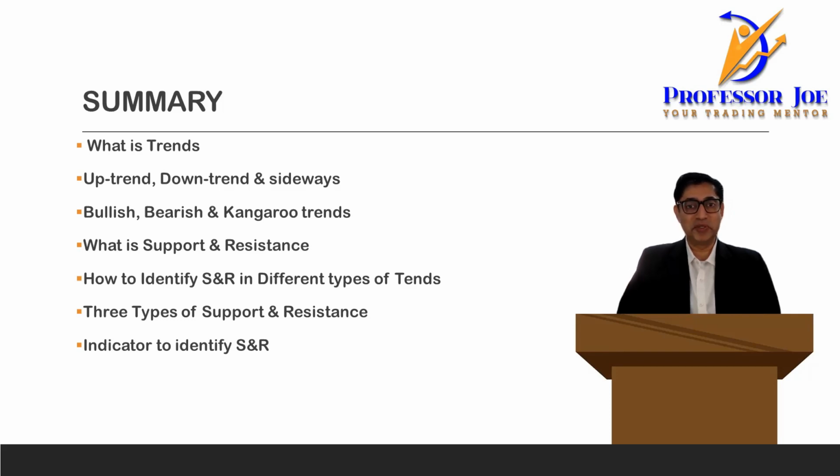And I also shared with you how you can identify a dynamic support and resistance on TradingView and a structured support and resistance on TradingView. If you really want to master support and resistance, which is the most important aspect of trading, especially in Forex, in fact, in every single market, whether it is cryptocurrency, the stock markets, commodity markets, even for option trading, you have to master the art of finding support and resistance zones.